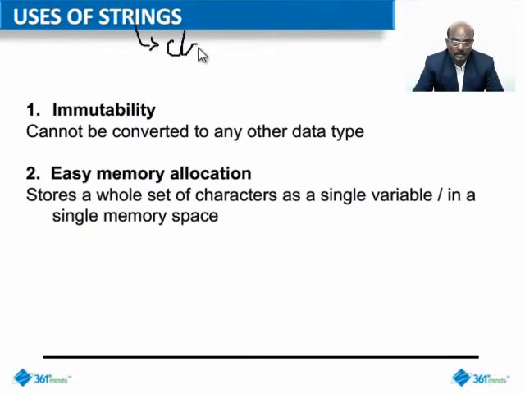But string in itself is a class, therefore you can directly create an object. You don't need a wrapper class, and the memory allocation is easy because a string takes just one whole set of memory space. Therefore it's easier to retrieve string data from the memory.